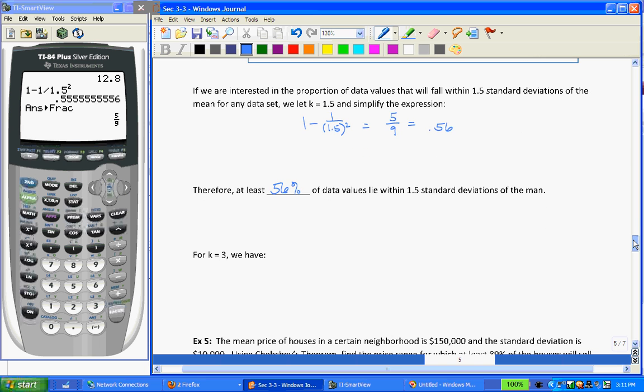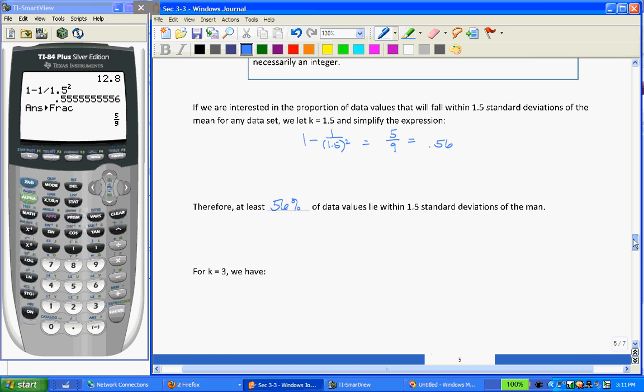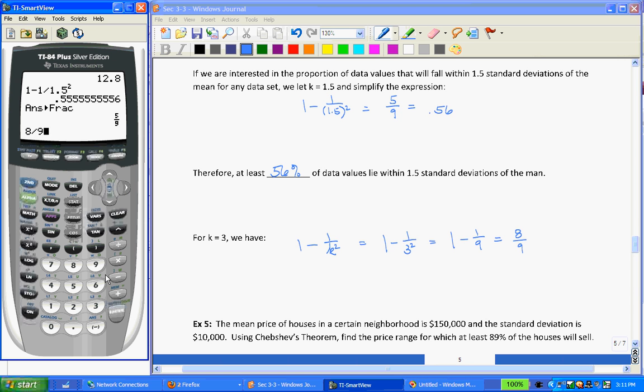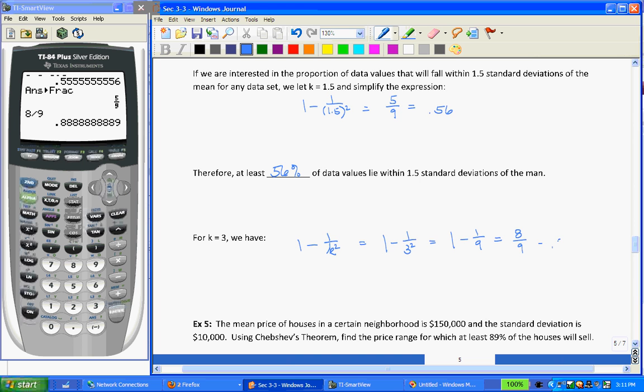Okay. What if k were equal to 3, meaning 3 standard deviations within the mean? Well, remember with the empirical rule, we got 99.7, almost all of our data. Let's see what happens here with Chebyshev's theorem. So I'm going to take my little formula, my expression rather, 1 minus 1 over k squared, and I'm going to put in 3 for k. So that's 1 minus 1/9, or 8/9, which is 0.89.